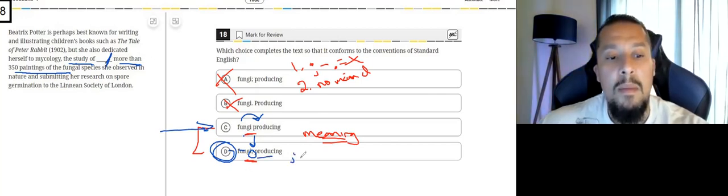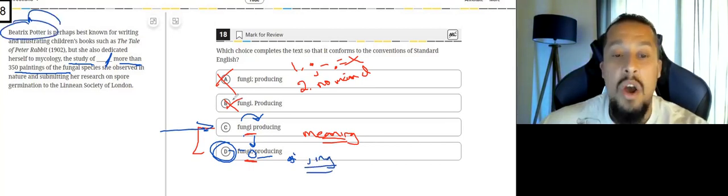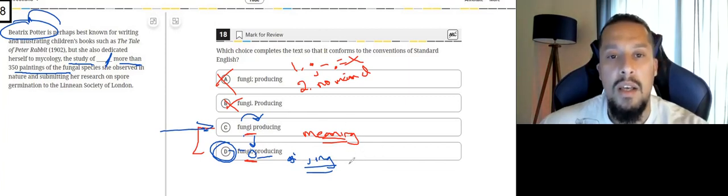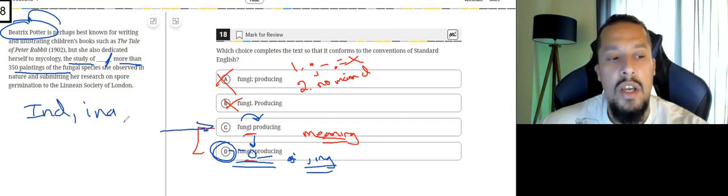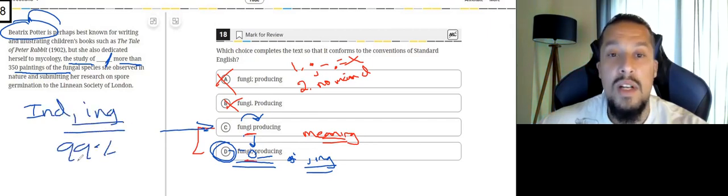So we have a comma, ing, what you're doing is you're describing the subject of the sentence, or the whole sentence, but not the word beforehand. So be careful when you have no comma, ing modifier, and comma, ing modifier. And this is why answer D works best. Another small little tidbit I can tell you guys, usually if you have an independent idea, comma, ing, that's like 99% of the time correct structure.